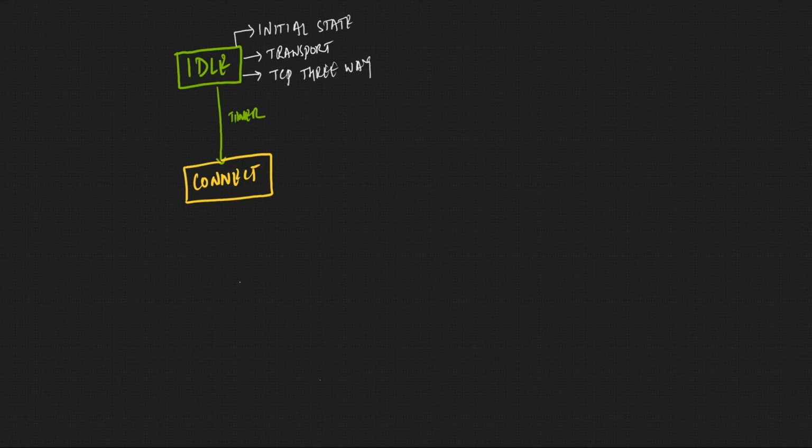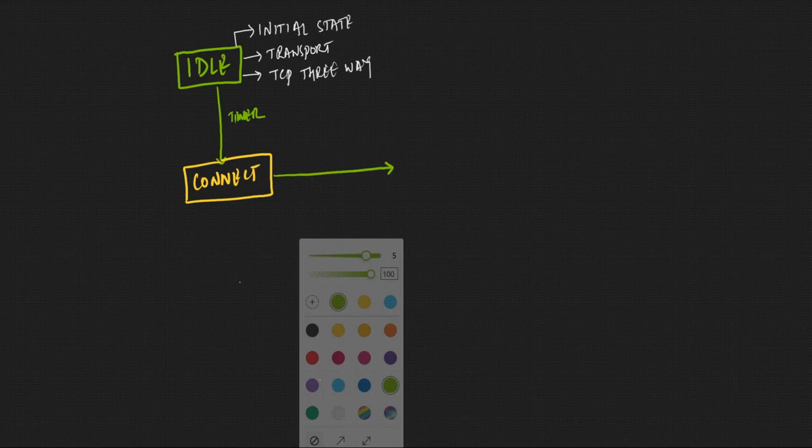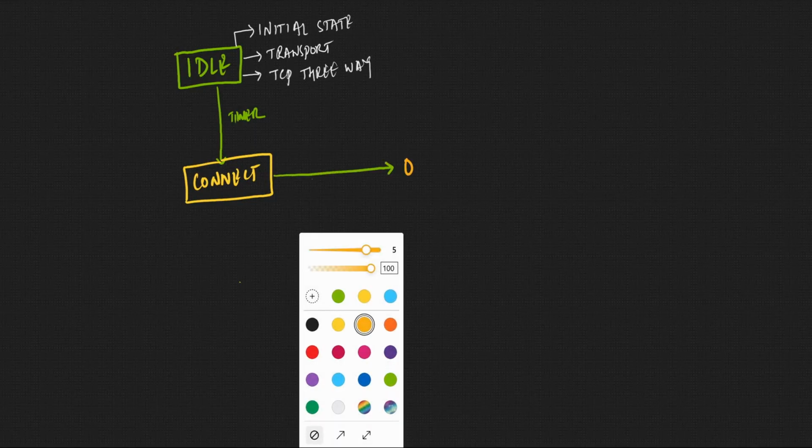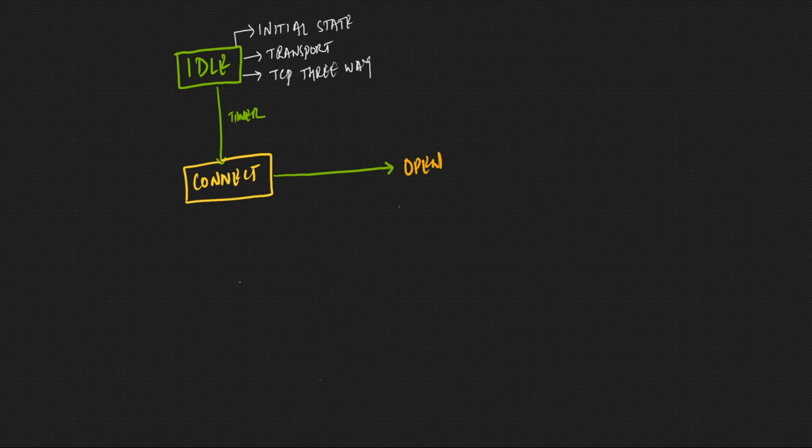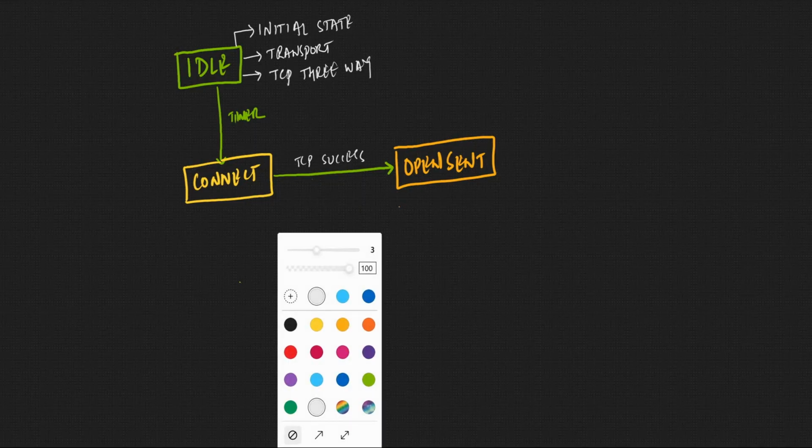If in the Connect phase itself the three-way handshake completes, then BGP will immediately send an open message and transition to OpenSent. So here the timer starts, the TCP three-way handshake succeeds, and it sends an open message and transitions to OpenSent.